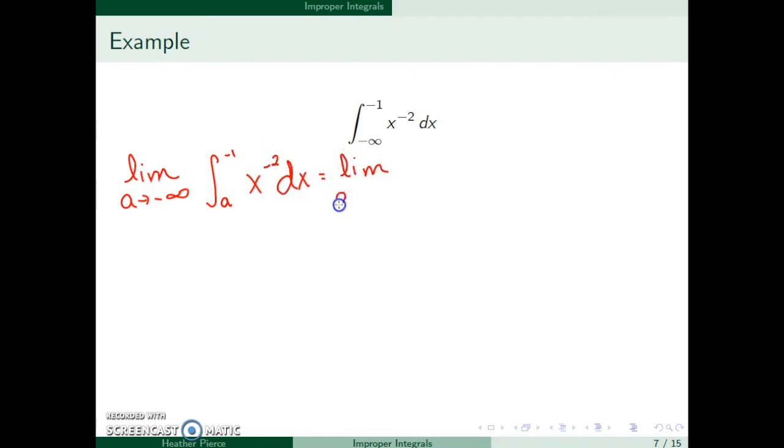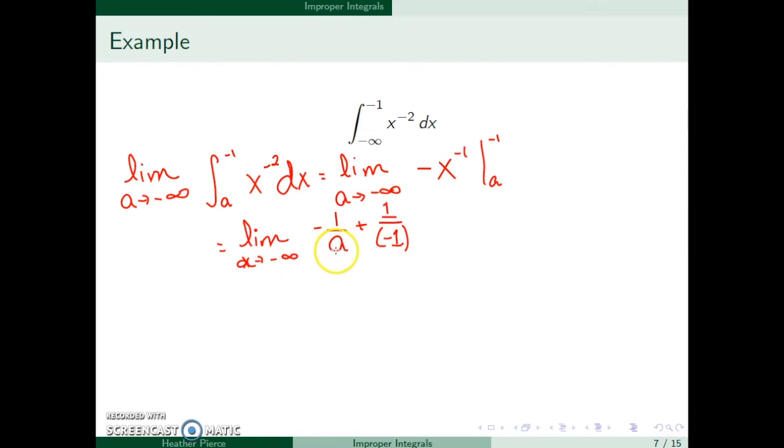So the limit as a goes to negative infinity of, well, we add 1 to the exponent and then divide by that number, going between a and negative 1. So I have the limit as a goes to negative infinity of negative 1 over a minus negative 1 over, so plus 1 over negative 1.